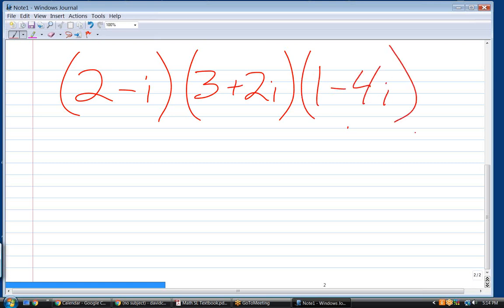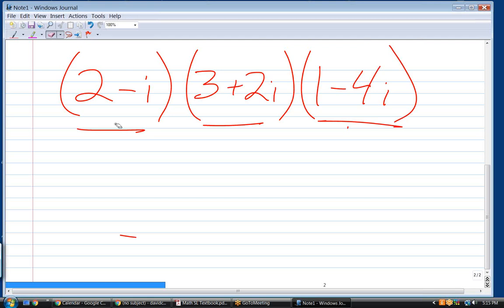Handle these the same way you would handle a polynomial. In other words, if these were all x's instead of i's, you would multiply that one times that one. Whatever you got as a result, you would multiply it by that.